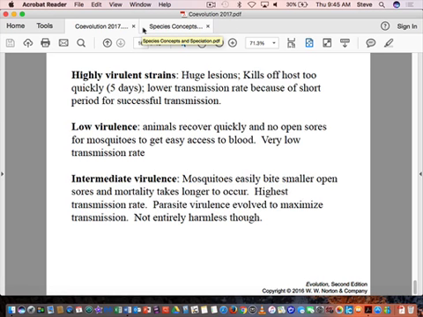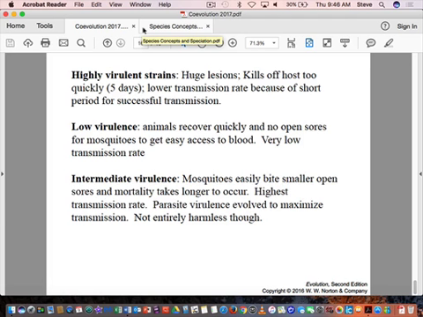It kills off the host really quickly. The presence of all these viral particles and all these lesions results in really rapid host mortality. And even though there's a lot of virus particle, even in the lesions, they can get access to it. The take-home message is these highly virulent strains have a really low transmission rate, because they have a short period for successful transmission by the vectors. They die too quickly. That makes sense, doesn't it? There's really strong selection against high virulence.